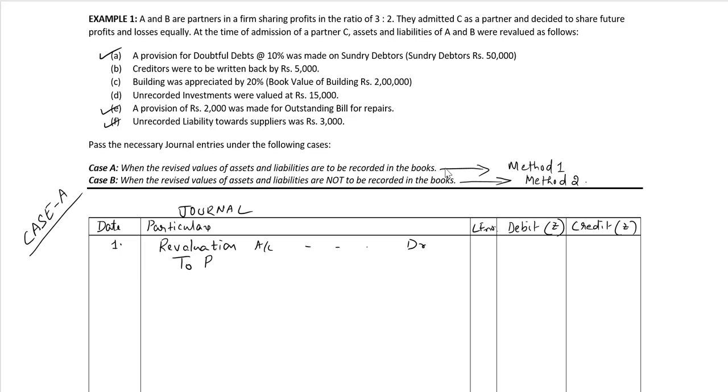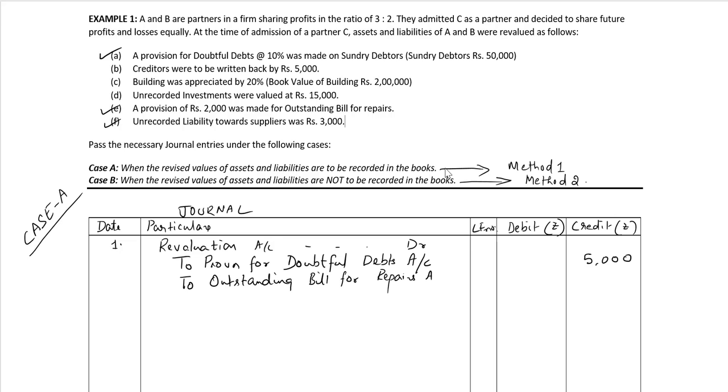So revaluation account debit to provision for doubtful debts account, 10% on 50,000, which comes to rupees 5,000. To outstanding bill for repairs account, rupees 2,000.